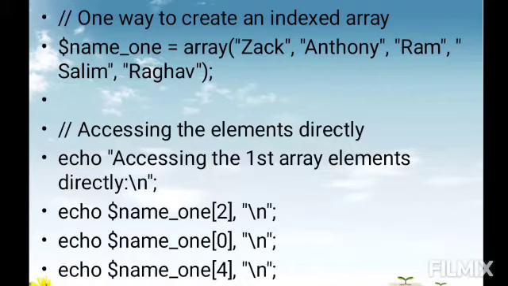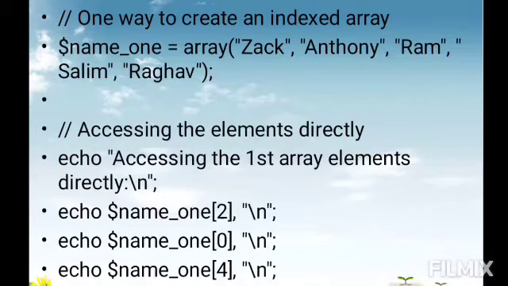Here $name1 is an array name equal to array of Zach, Anthony, Ram, Salim, Raghav. These are the values of the name1 array, and I call the function array with the parameters Zach, Anthony, Ram, Salim, Raghav. In this way, we can create an indexed array.